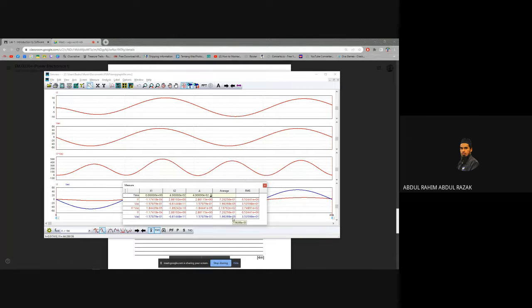Okay, according to theory, if we run a resistive load, we shall have voltage and current in phase. If the load is inductive, theoretically we can expect the current to be lagging.